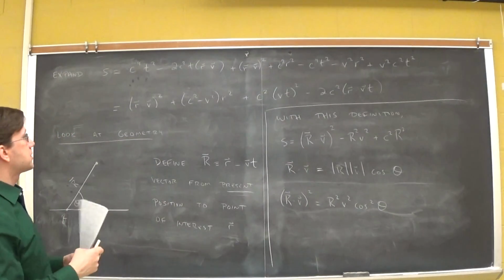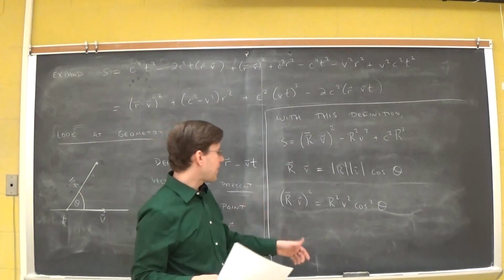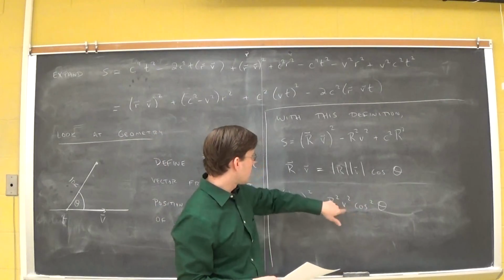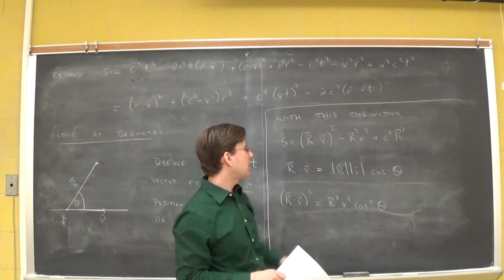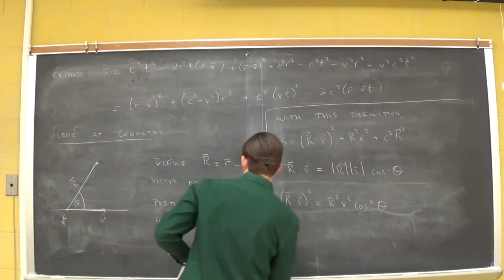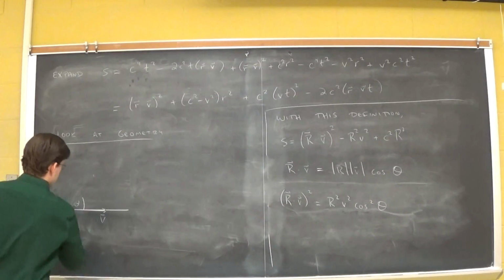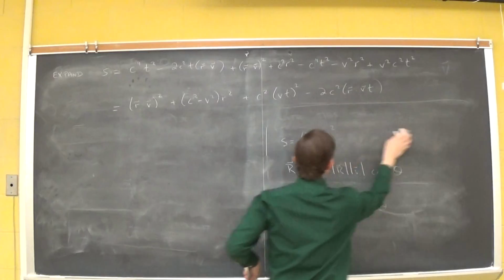Okay, so things are really starting to simplify here. And it gets even better, right? You can feel another cancellation coming on, because we've now got an R squared v squared cos squared theta, and then we're going to subtract off R squared v squared. All right, and we're going to get something that looks even a little bit nicer.